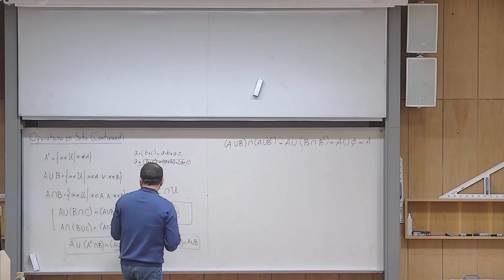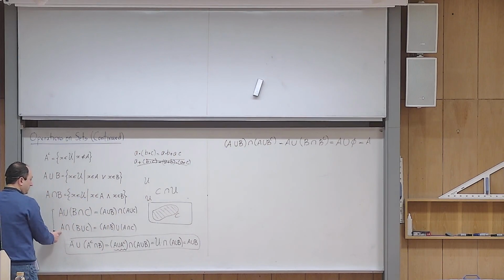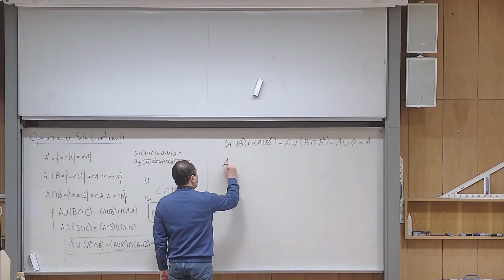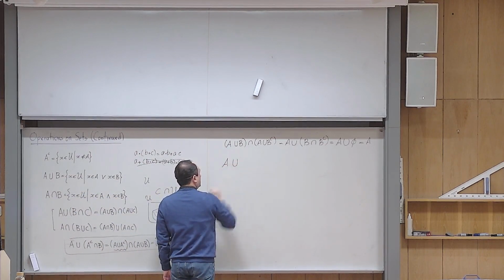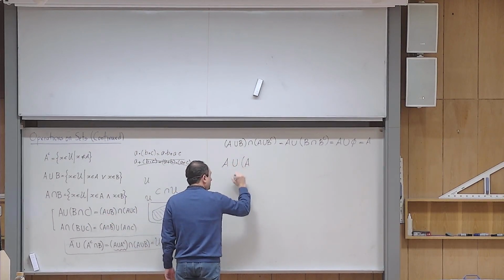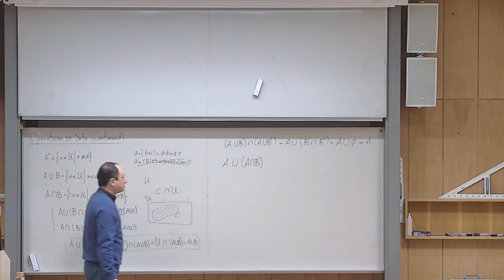So we have another rule very similar to the distribution law, but one set repeats itself. What does it mean? It means that, for example, I have A union (A intersection B).